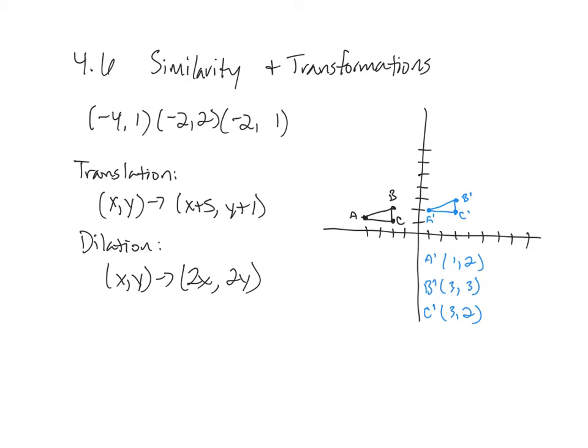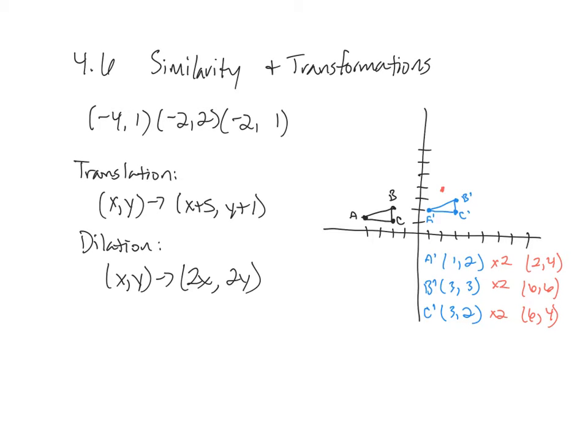So the dilation part, we're going to do times 2 on all these. So I'd have 2, 4, 6, 6, and 6, 4. So 1, 2, and then up 1, 2, 3, 4. And over 1, 2, 3, 4, 5, 6.